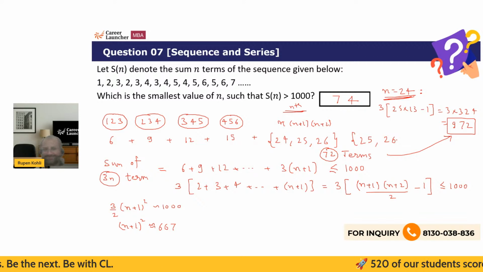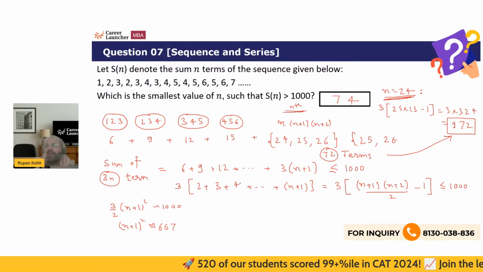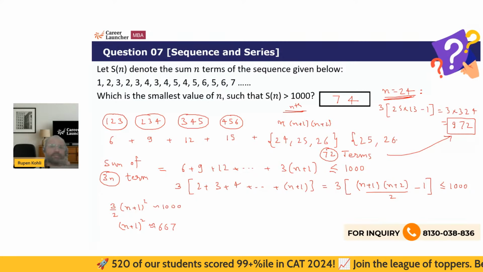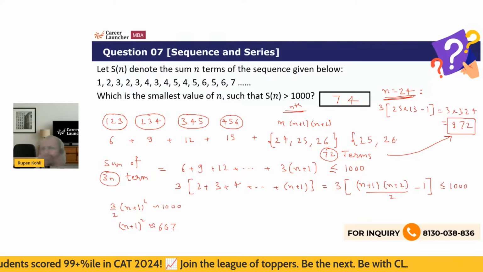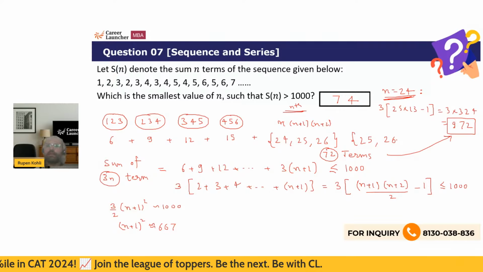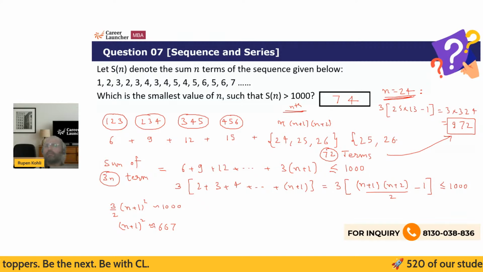Perfect. Okay, so I took a lot of time to explain this, but if you get this going, it's doable in around 2.5, 3 minutes, right? These are those questions which are maybe for your second round.